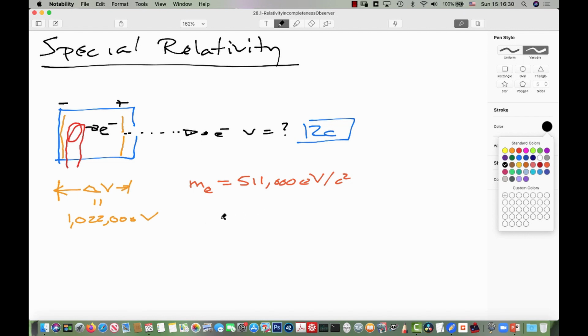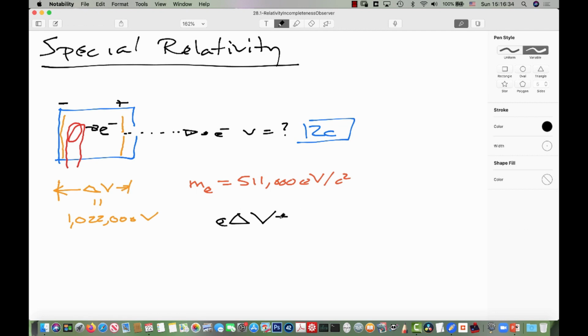What we can do is equate the initial potential energy of the electron, which is e delta V, to its final kinetic energy, 1/2 mv squared. So we can solve for the speed and get that as 2e delta V over m, and then we take the square root.